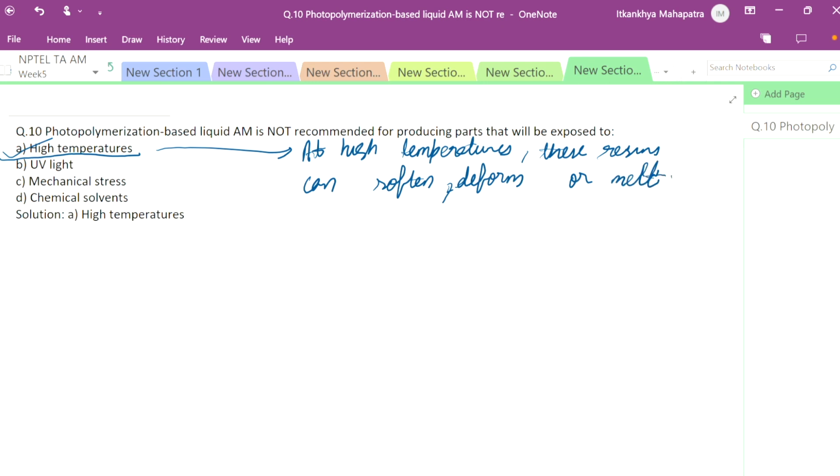This makes the parts produced through photopolymerization-based processes like SLA and DLP unsuitable for applications where they will experience elevated temperature.